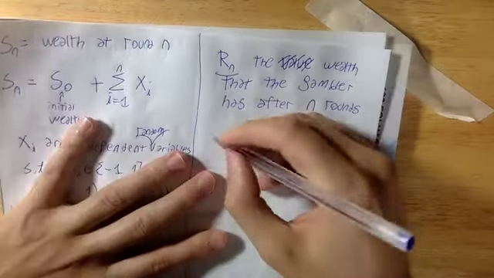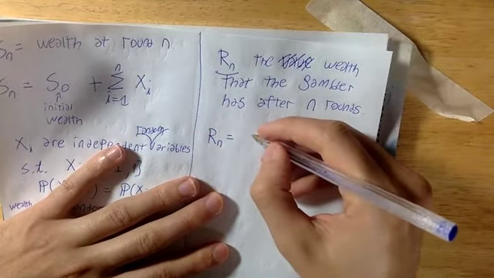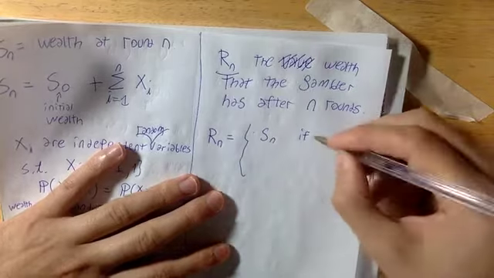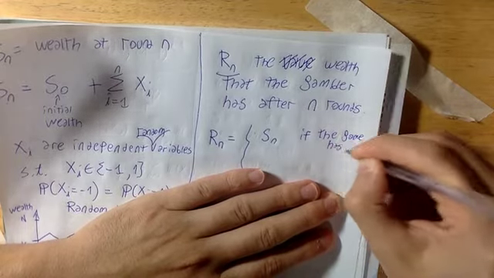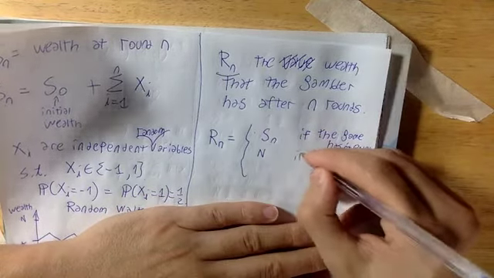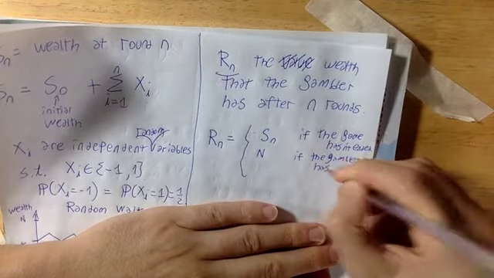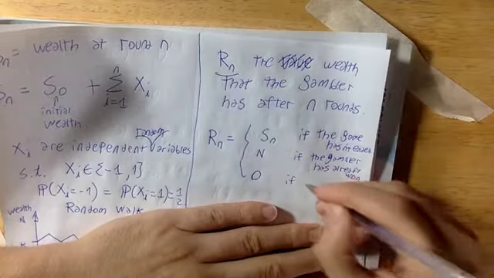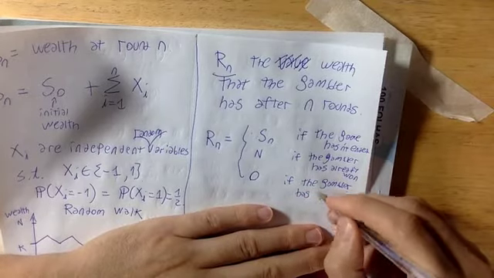Okay, so Rn is going to be equal to Sn if the game hasn't ended, is going to be equal to capital N if the gambler has already won, and it's going to be equal to 0 if the gambler has gone bankrupt.